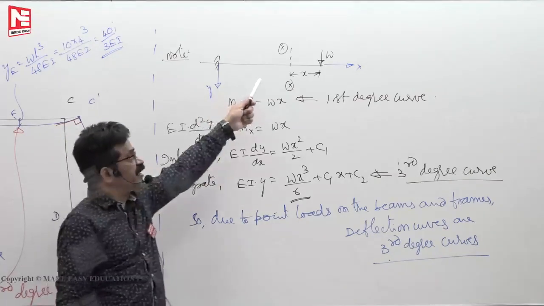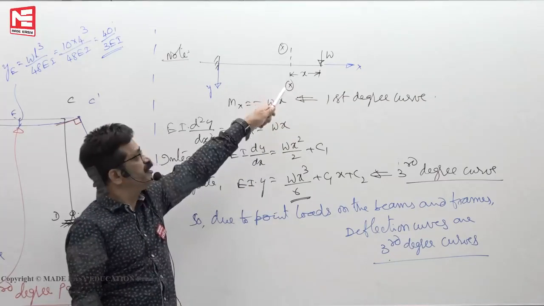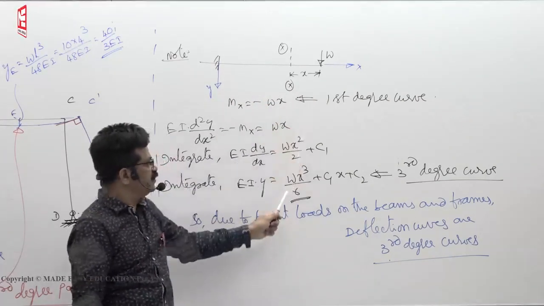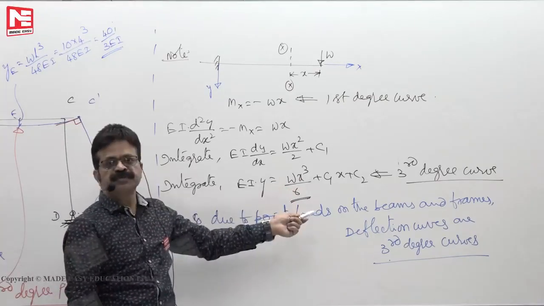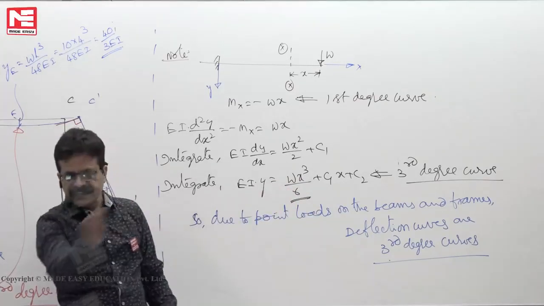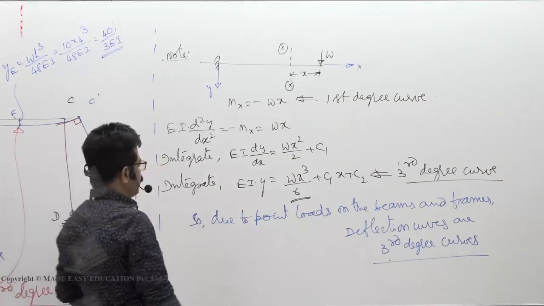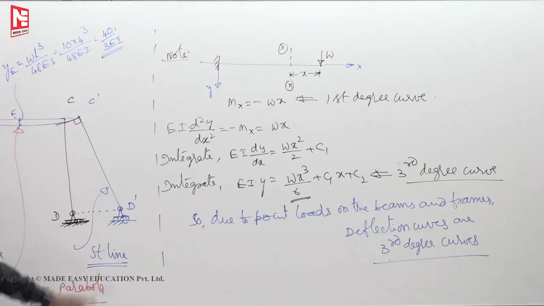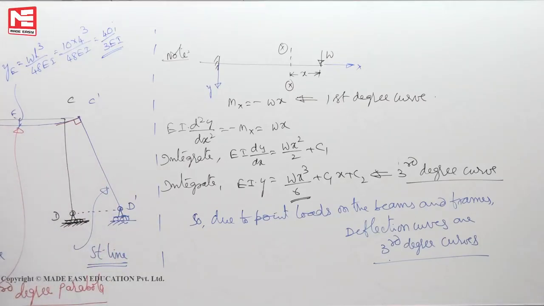Here for a cantilever, though it is a statically determinate structure, if you draw the ILD for the deflection, you will get a third degree curve. You replace W by 1, and you see x cubed terms. That means a third degree ILD for the deflection. So for beams and frames, deflection curves are 2 degrees more than the bending moment curve. So these are the points.